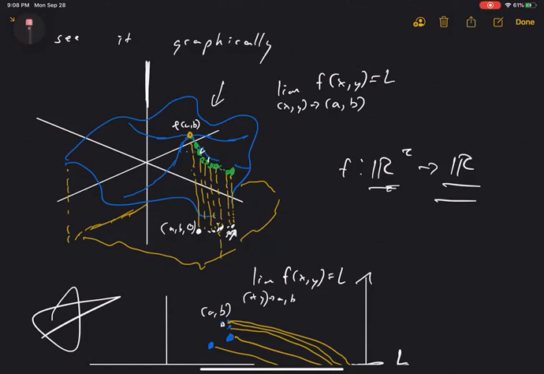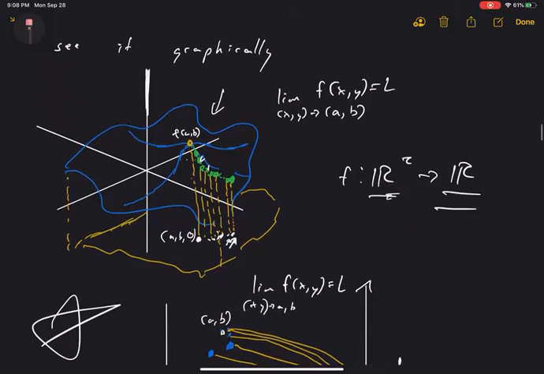So we don't have this simplistic rule. You really have to think about it in terms of these limits: as my inputs move closer to the point (a, b), my function values move closer to f(a, b).